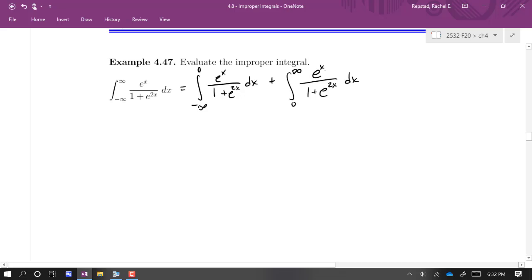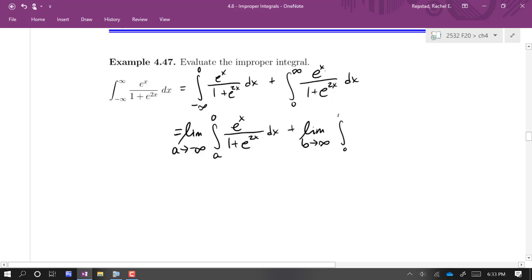Now each of these improper integrals I'm going to rewrite as the limit of a definite integral. So the first one will be the limit as a approaches negative infinity of the integral from a to 0. And then this next one is the limit as b approaches positive infinity, 0 to infinity.